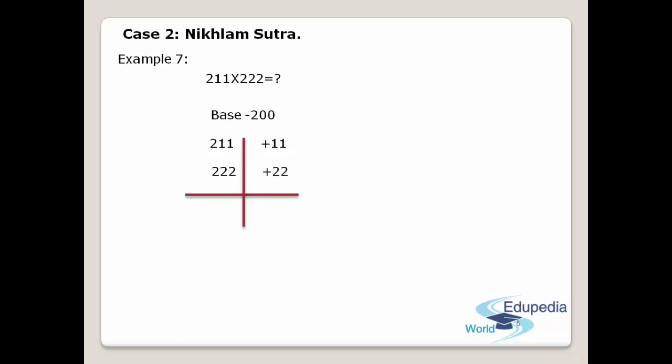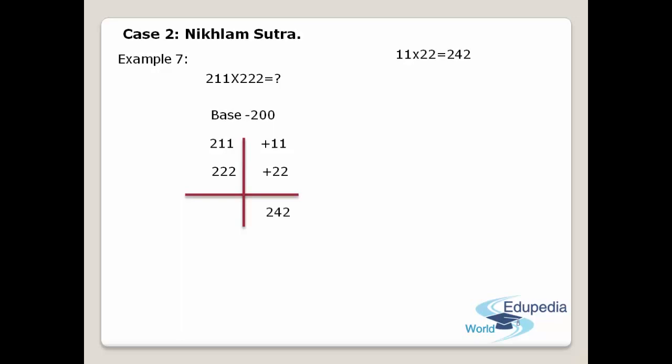Now, as in the procedure we followed in case number 1 and in our previous sessions, you multiply these two numbers, 11 and 22. When you multiply 11 and 22, the answer is 242. You write down that 242 on the bottom of the right column.